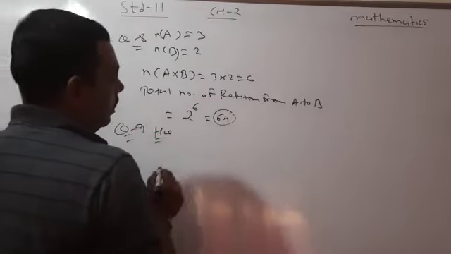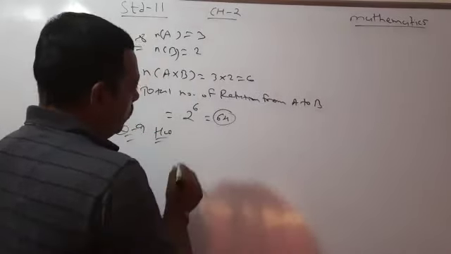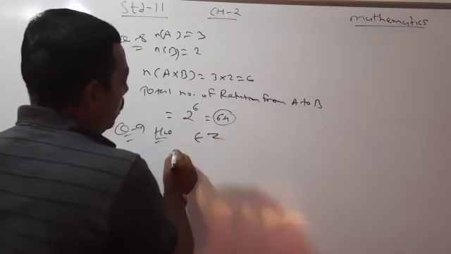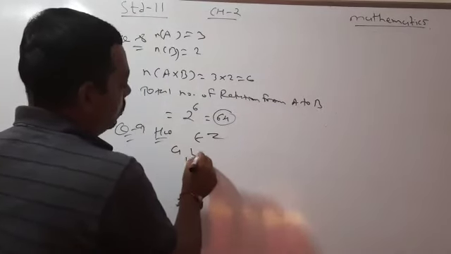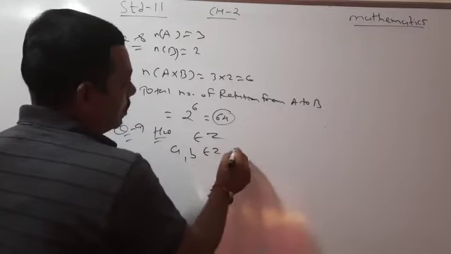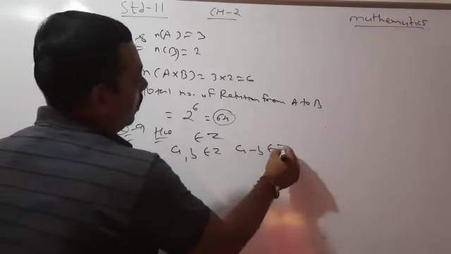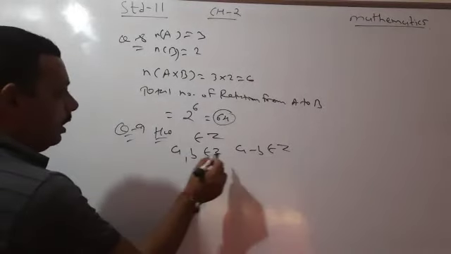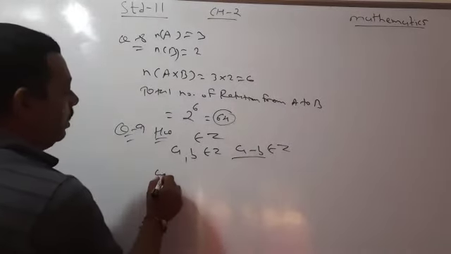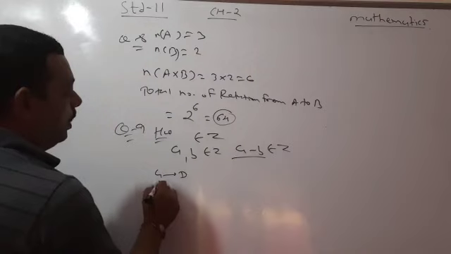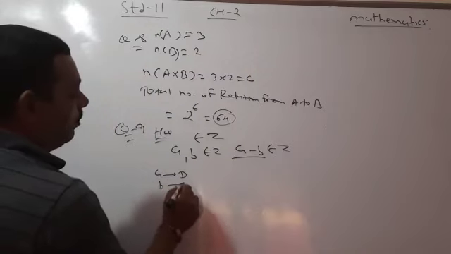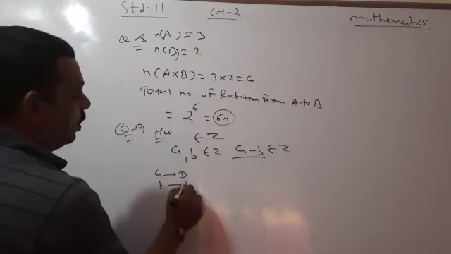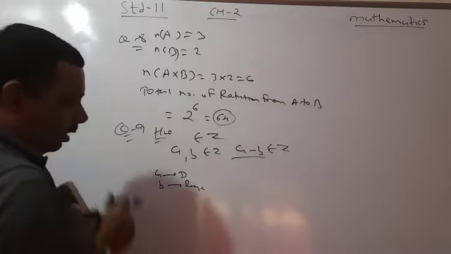You know that integer means a number belongs to Z. You have to consider those a and those b from Z such that a minus b belongs to Z. That is our answer. And now in every answer, a is the element for domain and b is the element for range. Clear?